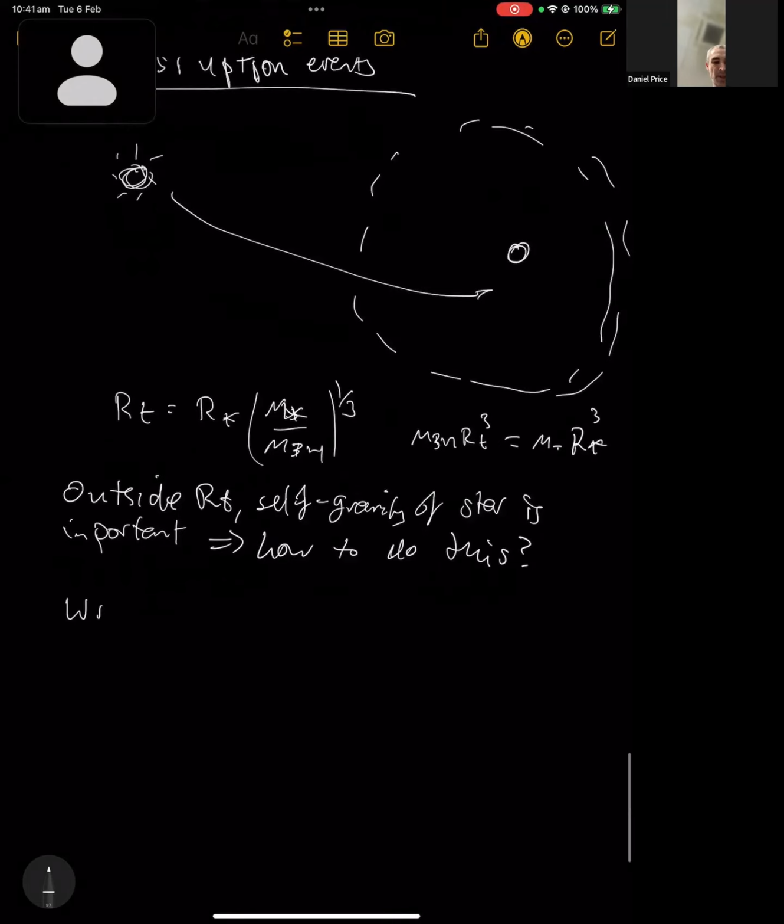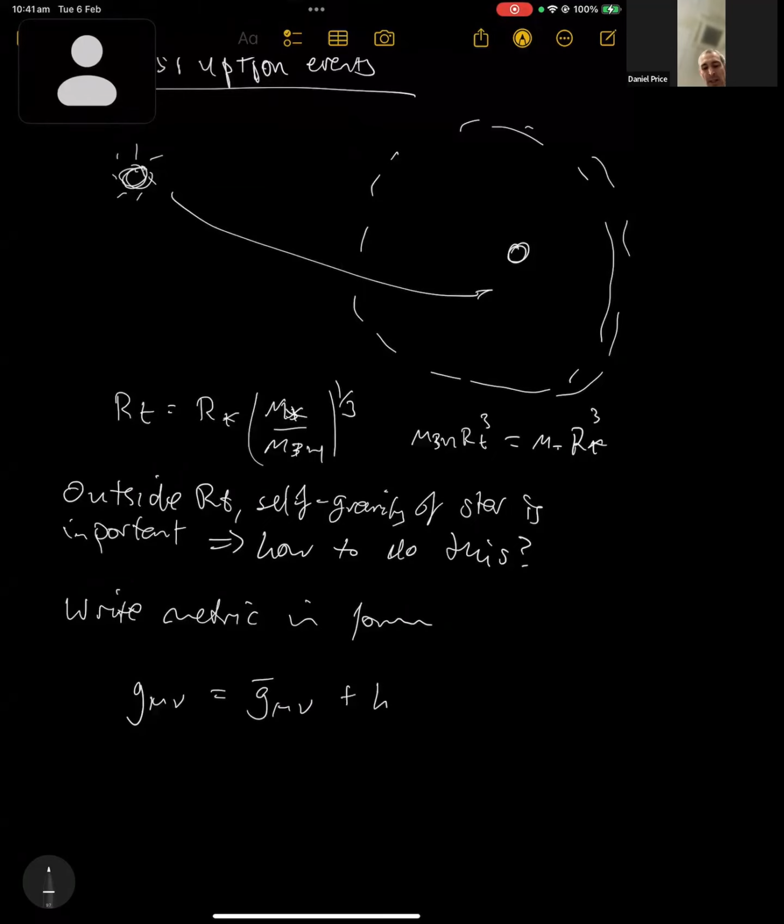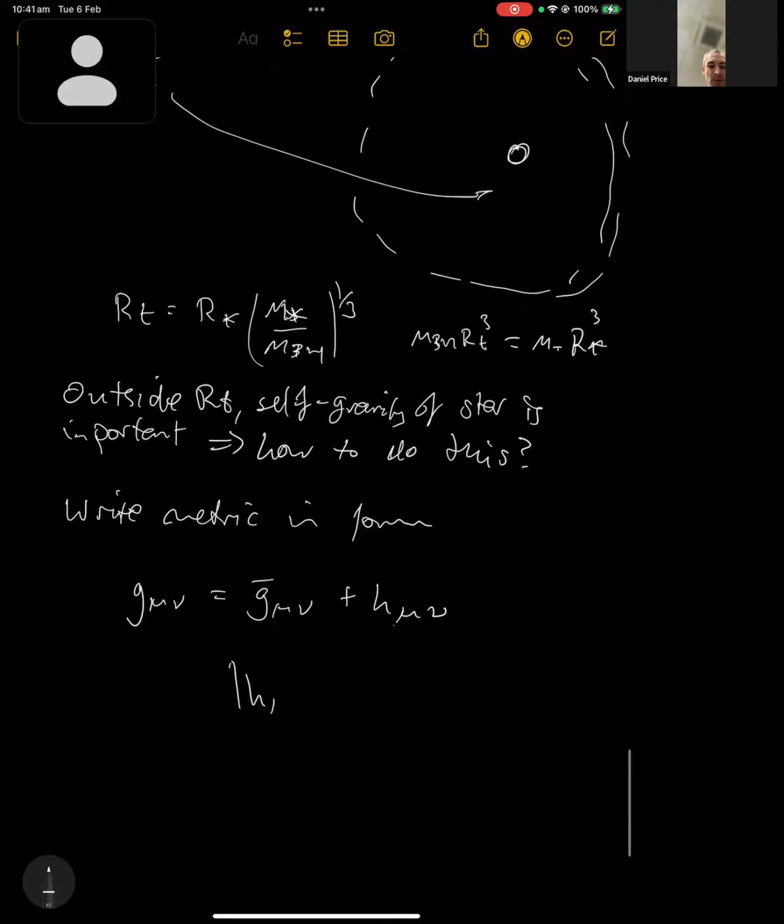The trick is to write the metric in the form of a small perturbation. You say the metric is some background g mu nu, for example a Schwarzschild metric, plus some small perturbation h mu nu, and the magnitude of h mu nu must be small compared to the background metric g mu nu. So g mu nu could be either the Kerr or Schwarzschild metric. The Kerr metric describes a spinning black hole.